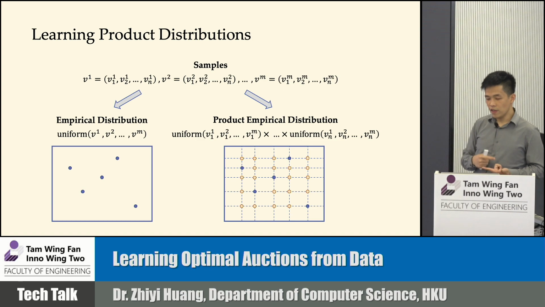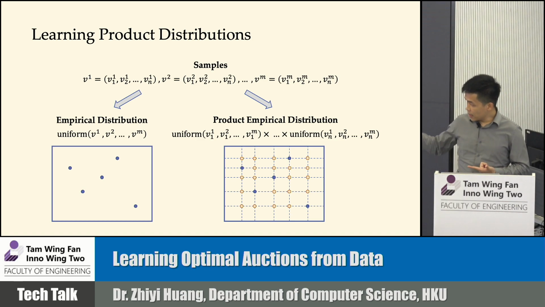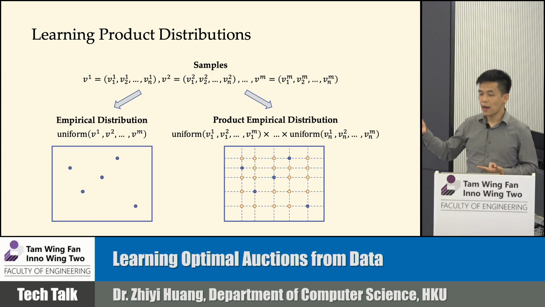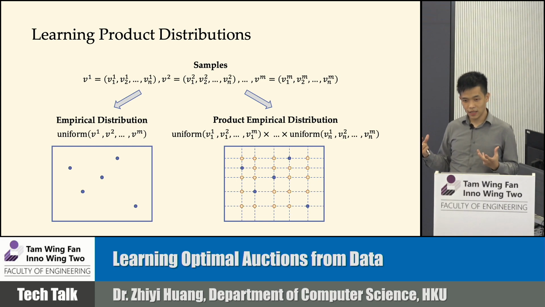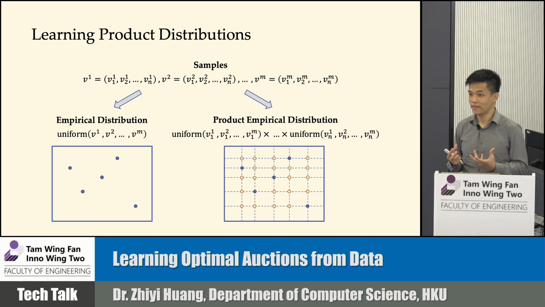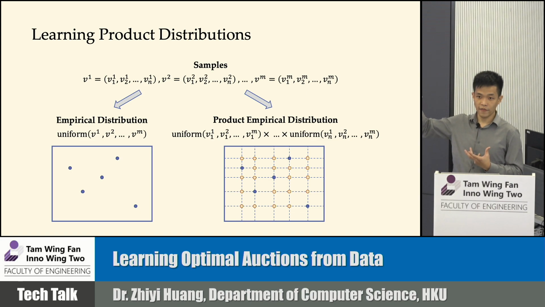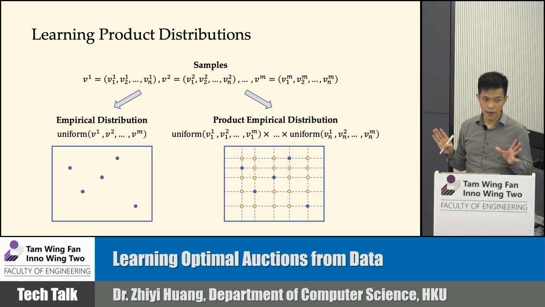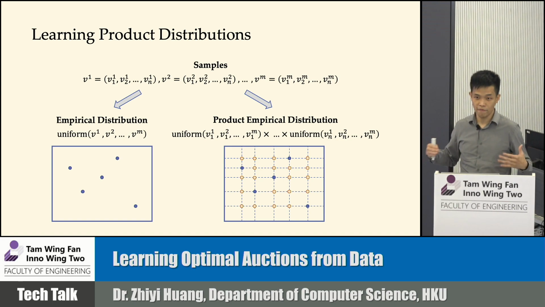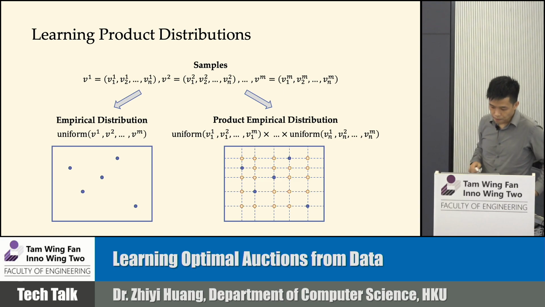From the information aspect, by including these orange points, I'm artificially increasing the number of data points. Imagine I have an n-dimensional space; by taking these orange points, I'm increasing my number of samples from m to basically m raised to the power of n. So essentially I have an exponential increase in the amount of data, and therefore I have more information about what's going on.